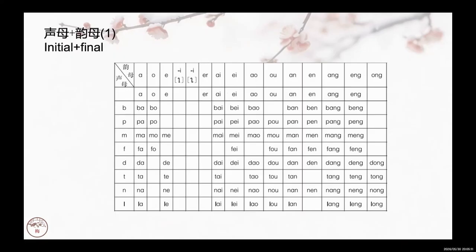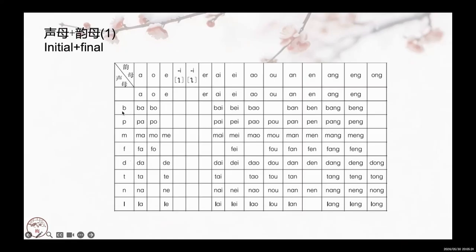Even though for some phonemes, the pronunciation between Chinese and English is a little bit different, I would not think that's difficult. So maybe we can pick some randomly to practice.